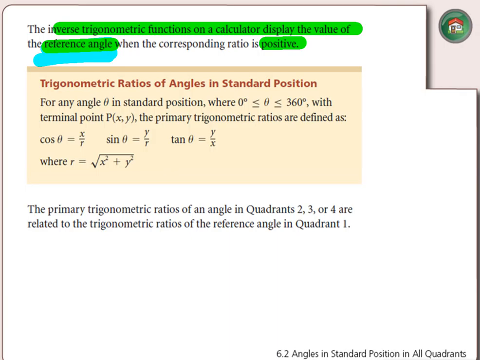Now make sure you highlight this next part. The primary trig ratios in quadrants 2, 3, and 4 are related to the reference angle from quadrant 1. What we're going to do is we're going to trick the calculator into thinking we're talking about quadrant 1 when we're talking about 2, 3, and 4.